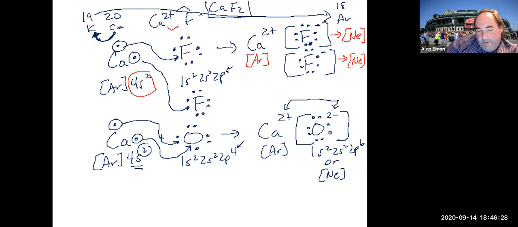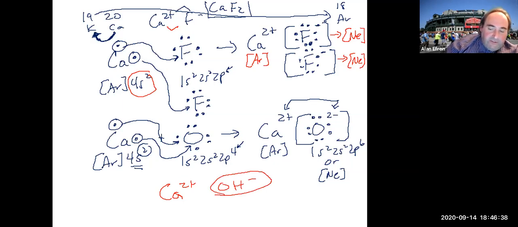What you have when you have these two together is an ionic compound, but this guy here is actually sharing electrons. So these guys are sharing electrons covalently, bonded together with 8 electrons. It looks something like this.